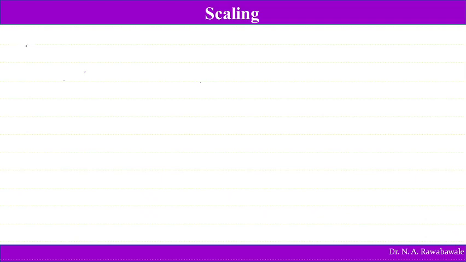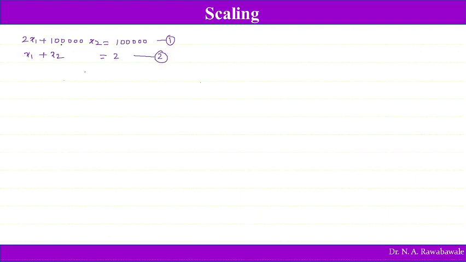Let us see the first equation as 2x1 plus 1 lakh x2 is equal to 1 lakh. This is equation number 1. And equation number 2 is x1 plus x2 is equal to 2. This is equation number 2. So in scaling, this 1 lakh is reduced to 1.